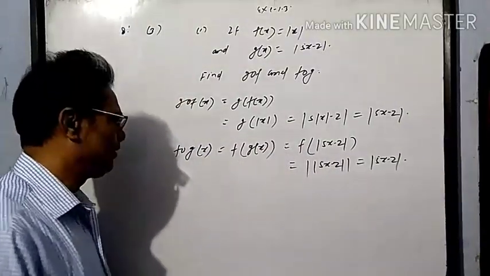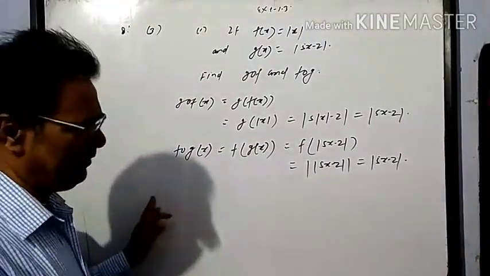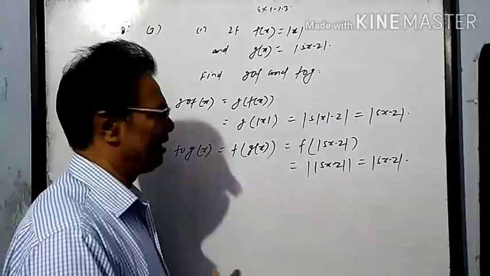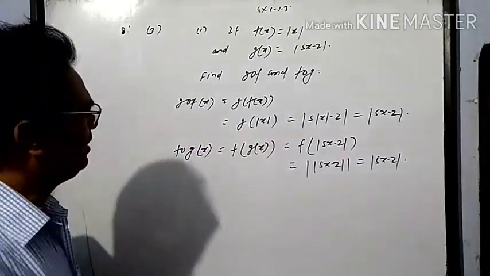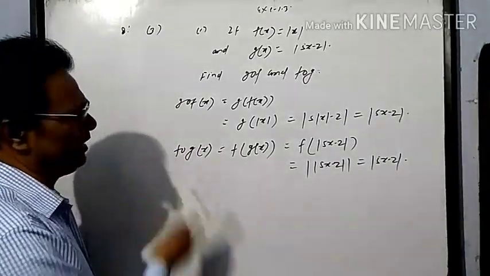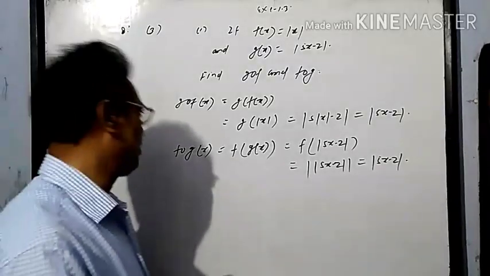So the value of the composite function g and f into x is equal to mod 5x minus 2 and the value of the composite function f and g is equal to mod 5x minus 2.